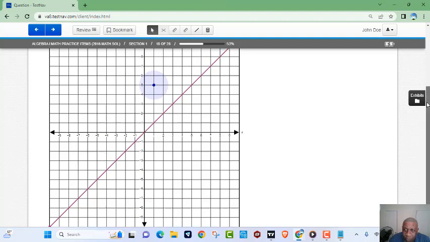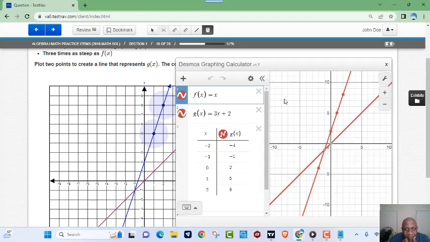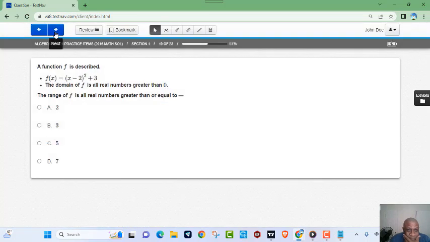And then I could also plot 2 and 8 right there. And that's the graph. See, if we pull up the graph, yep, same thing. All right, so that was question 18. Let's go on to the next question.